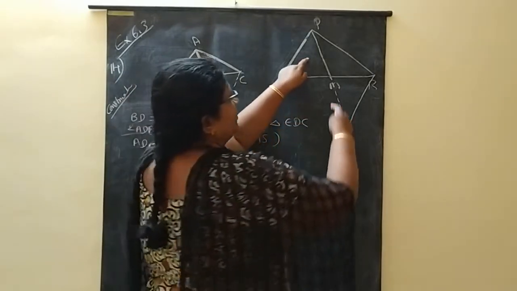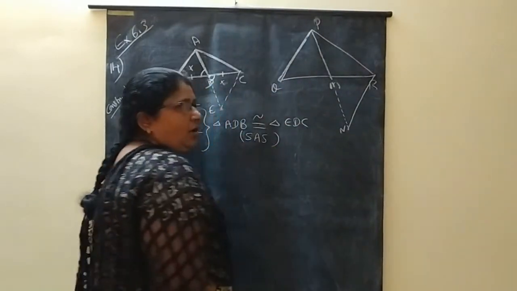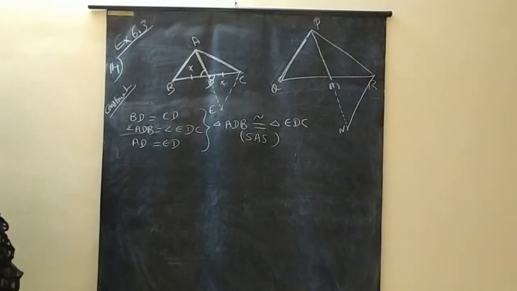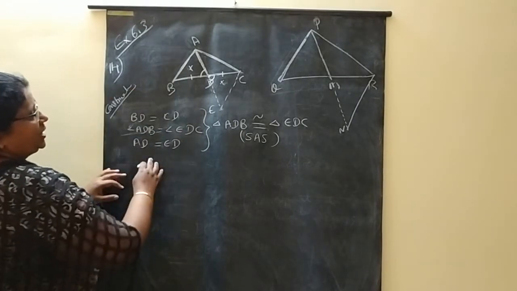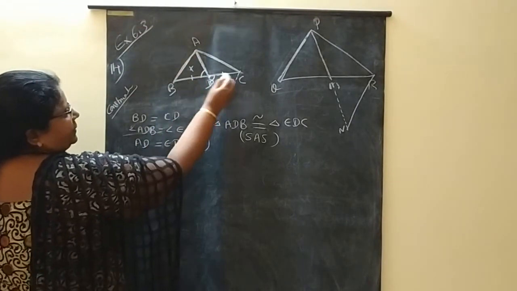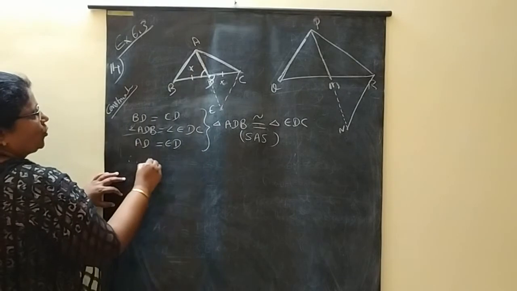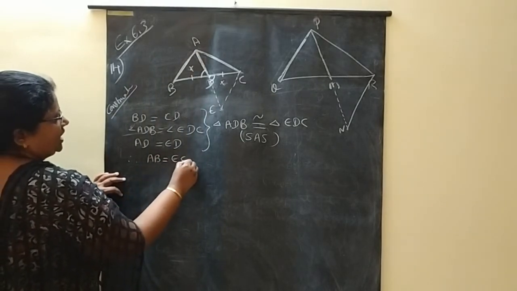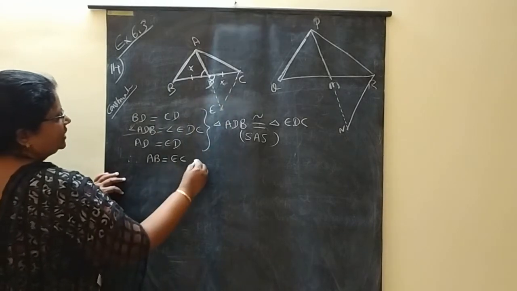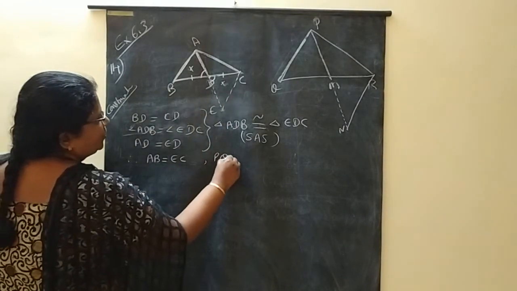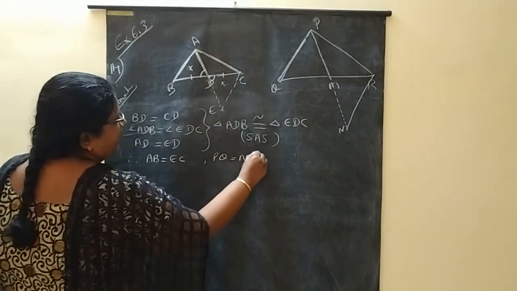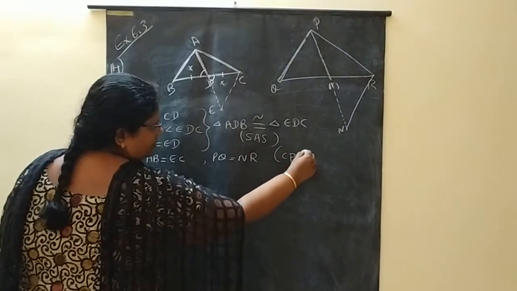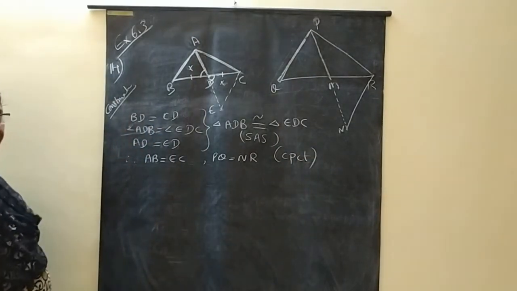Similarly, we can prove that these two are also congruent. Congruent means by CPCT the other pairs are also equal. So AB is equal to EC, and there you will get PQ is equal to NR. What is the reason? CPCT.